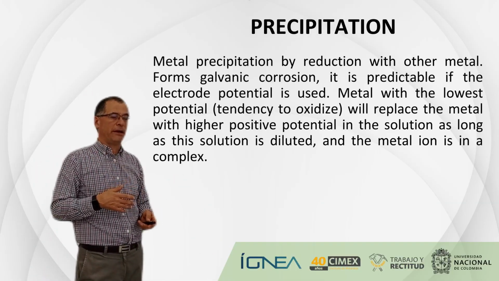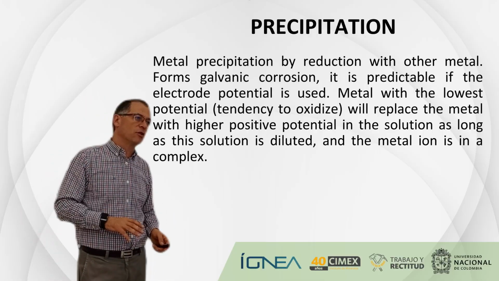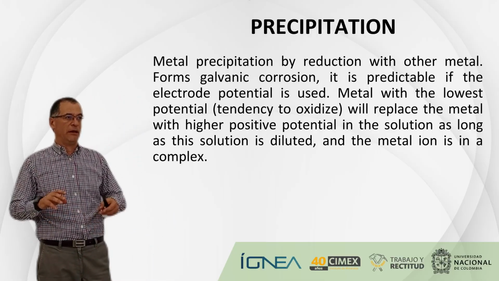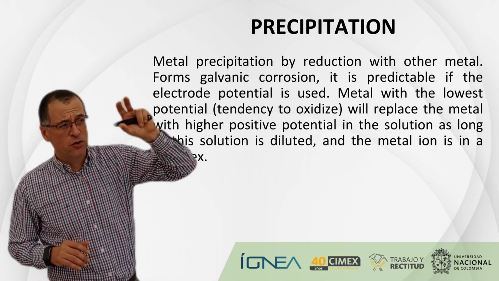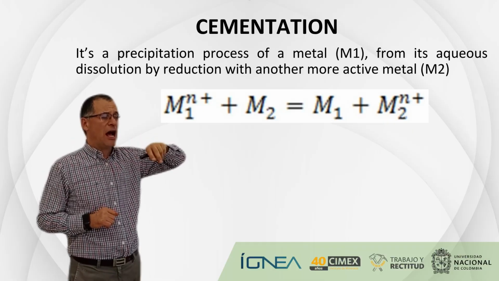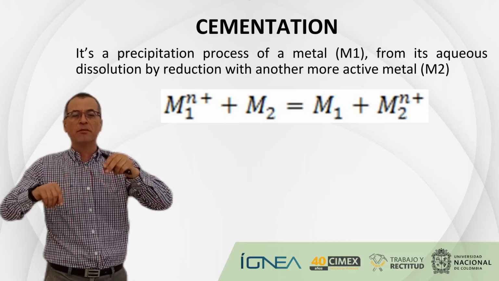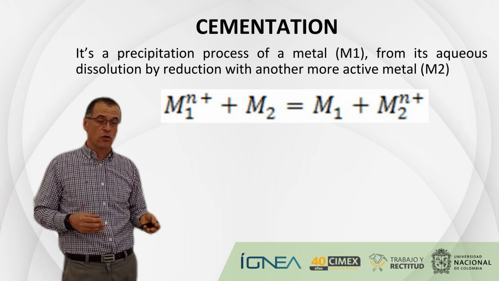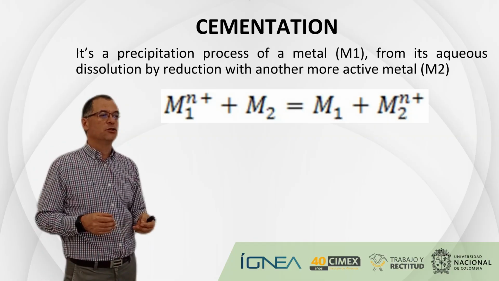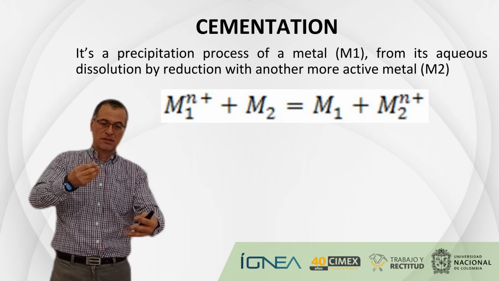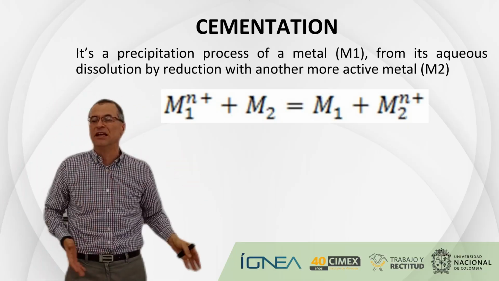This is a very common process named cementation. You have the gold in solution and you put the solution in presence of another metal. The most common metal for gold precipitation is zinc. You put this gold solution in presence of zinc, and immediately you have a cementation process.